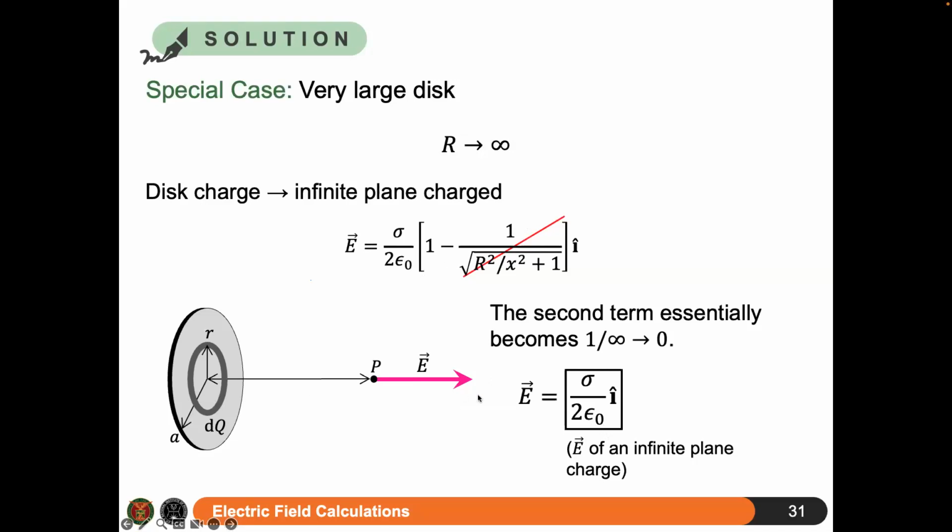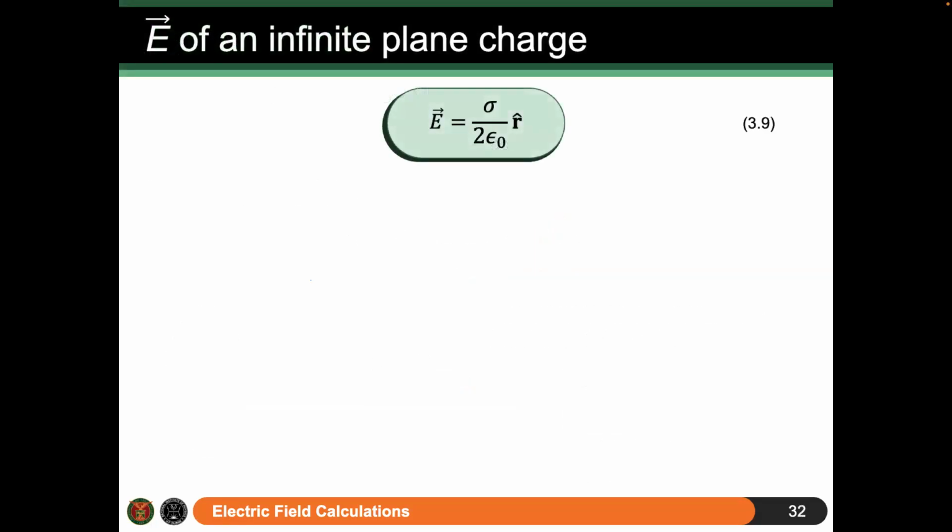This is the electric field due to an infinite plane charge, which makes sense because if the radius approaches infinity, it looks like an infinite plane. In general, the electric field of an infinite plane charge is sigma over 2 epsilon naught, r hat, the source to point unit vector.